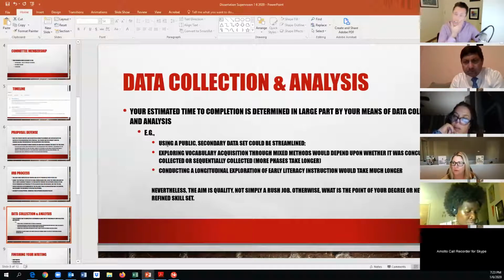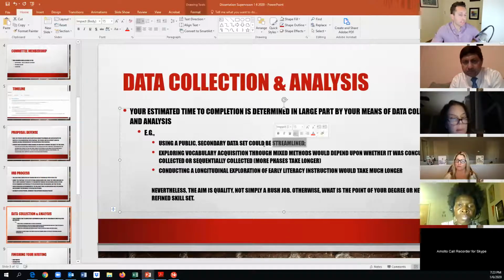So if you're trying to collect primary source data from students, then you're probably going to want to get on that right away in order to be able to do that in the spring. The first example is using public secondary data sets. This could technically streamline your overall process to finish. If you think about it, you don't have to go into a school.